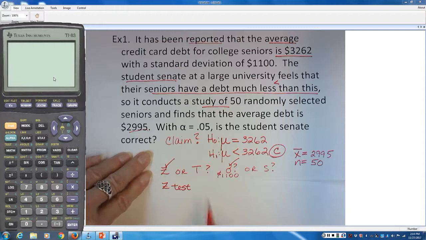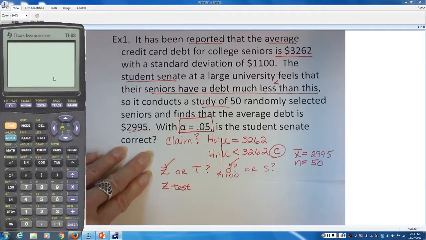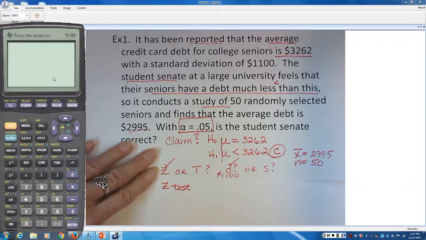And then you also need to identify, and this has to be given to you, the value of alpha. If one isn't provided, pick one. Okay? Pick one. Anything less than 5% is good. You can always assume 0.05 if you want to, but pick one. Usually it's given, but if it were ever not given, pick alpha to be 0.05 or less.